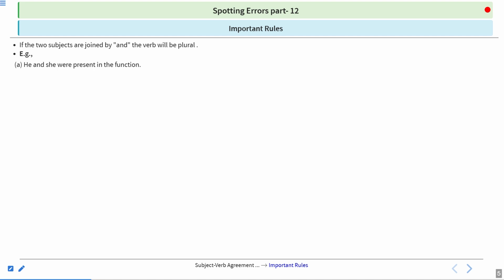Important rules. If the two subjects are joined by and, the verb will be plural. So if you find two subjects connected by and, you have to use a plural verb. Example, he and she were present in the function. So as you can see that there are two subjects, he and she.